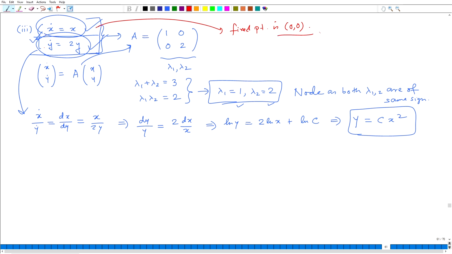So, I can also draw now a phase space, which is constituted by x and y. And there you will find that the phase space trajectories look like this.